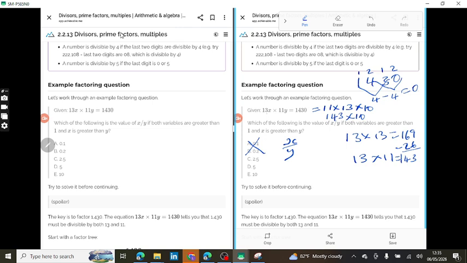Apart from 2 times 5, which other numbers can you multiply to get 10? 1 and 10. But the numbers are greater than 1. So that means 1 and 10 will not work. So this one is out too.